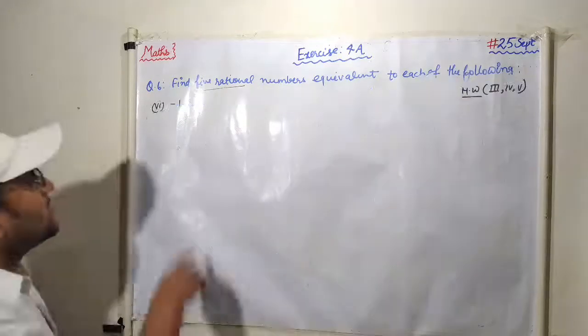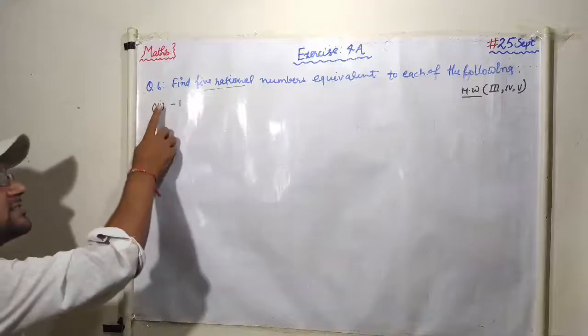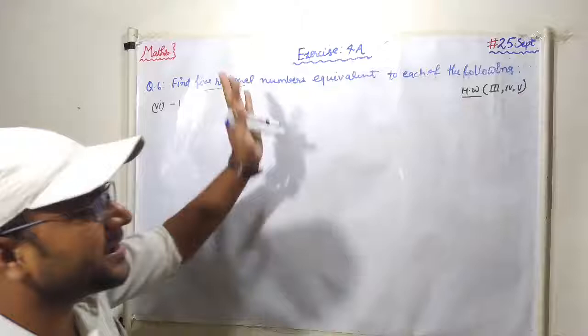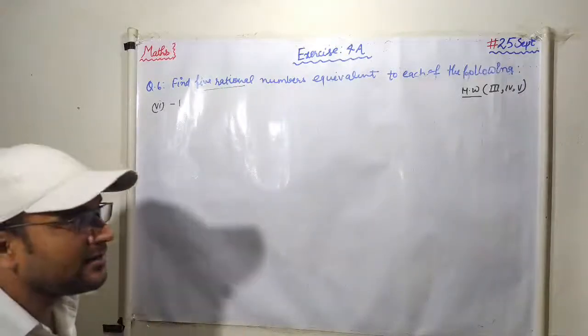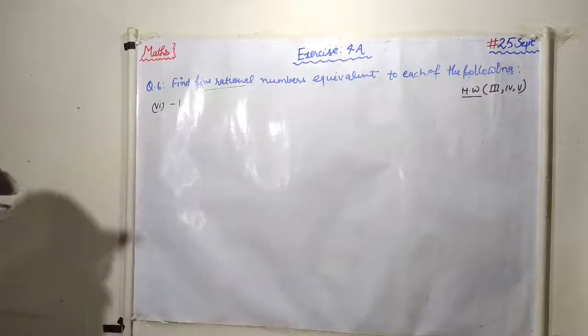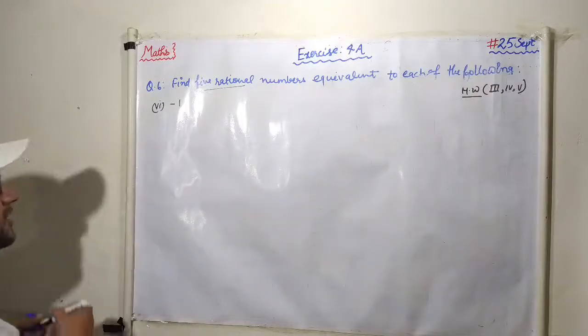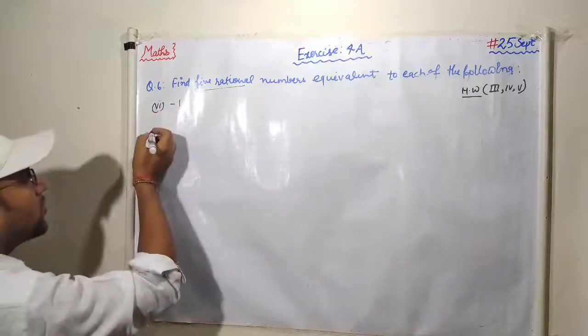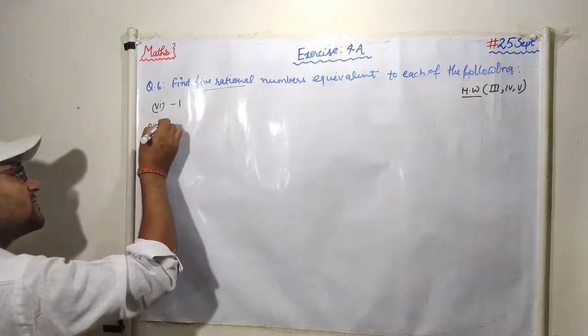I'm going to do the question 6 part, okay, and the third, fourth and fifth are the same as it is, like question number 1 and 2. So here, find the rational numbers equivalent to each of the following. So here is your solution, students.